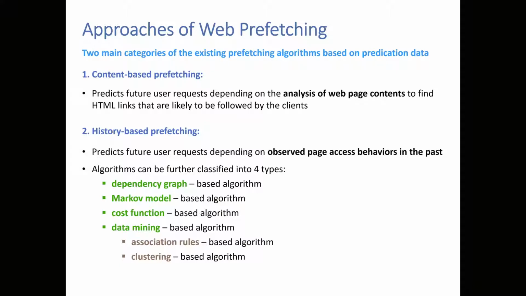The last one can be further categorized into 2 classes: association rules and clustering-based algorithm. Among these algorithms, the ones based on data mining and Markov model are more commonly used. The paper also mentions the data mining techniques have been utilized effectively in web proxy prefetching area with great potential.